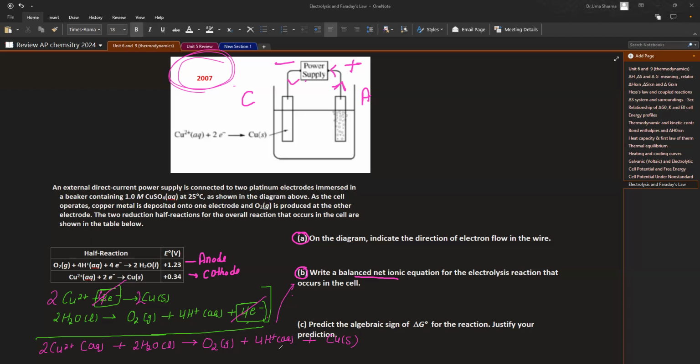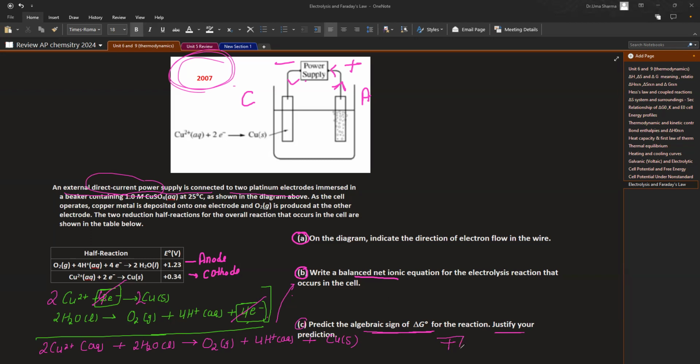Okay, now let's see. C part. Can you answer this without my help and justify? Yes, Atharva, very good.